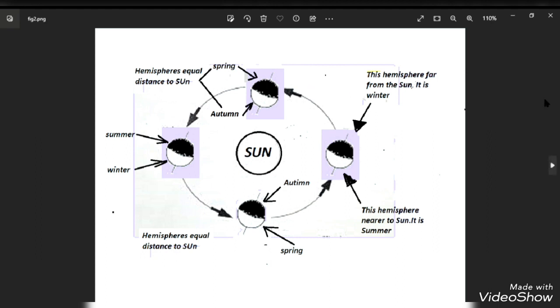In this figure, you see the rotation of the earth around the sun. Let's consider this position. Before that, I should explain that the spinning rotation of the earth around this axis is always fixed.